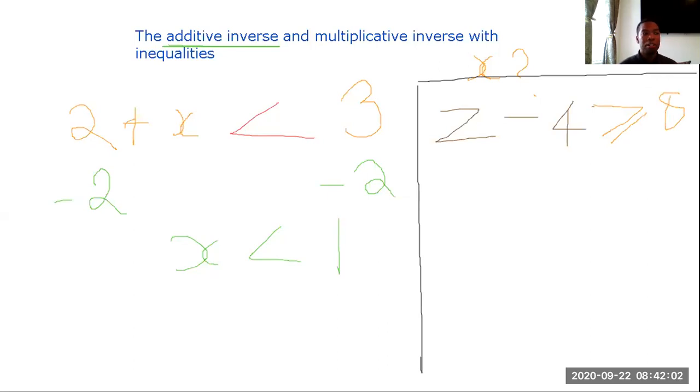And then my job is to solve that problem. Greater than or equal to 8. What is z? That's what they're asking me. So the first step is to do the additive inverse. I need to get z by itself. So I do plus 4.